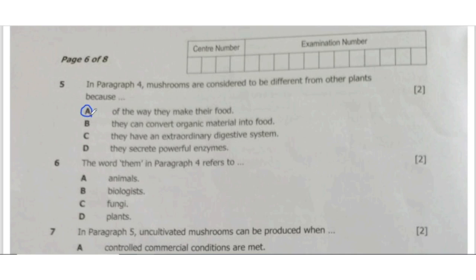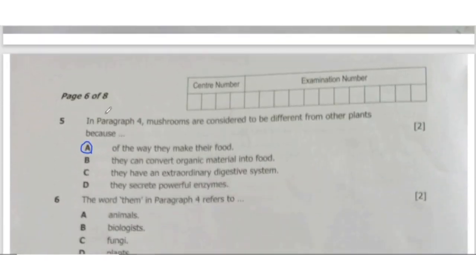But it's very important that as you answer these questions, you go back to the paragraphs. Now, I'm not going to be going back and forth for every question because some are just clearly there. You can just see them and you can't get confused. But if I see that the question is a bit complicated, then you can go back. They give us the paragraph, so they're even telling you to go to the actual paragraph.